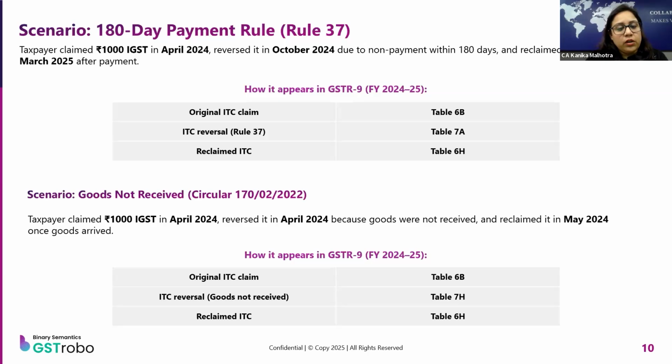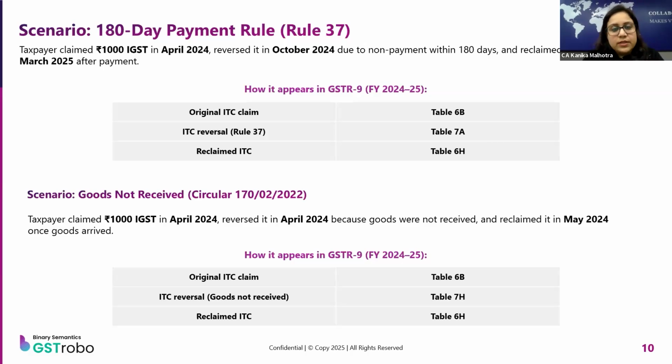So, first of all, there are three scenarios that are going to affect table 6. The first scenario is where you have the ITC of 2024-25, you have claimed and reversed it in 24-25 only, and reclaimed it also in 24-25.